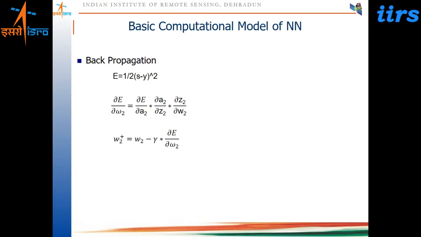Once we compute these deviation values for each of the weights, we simply do a correction. That correction is done on the basis of a few parameters.